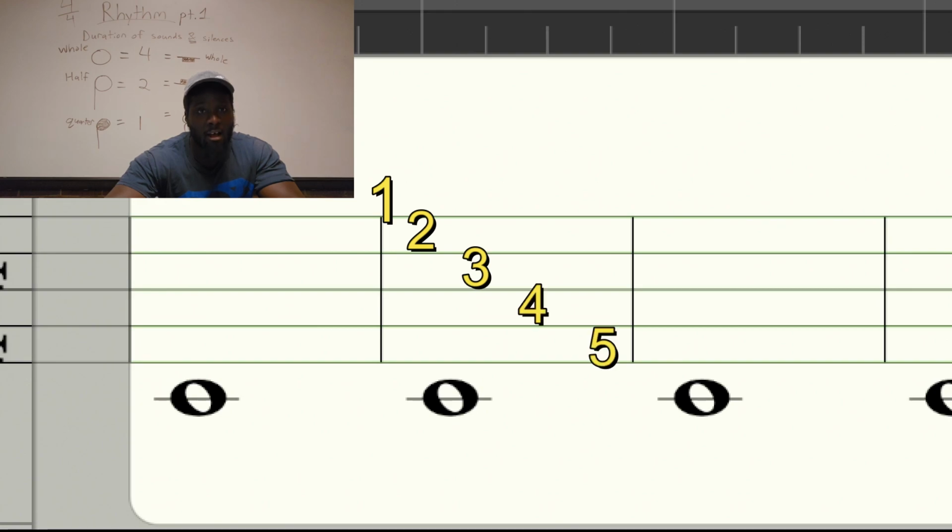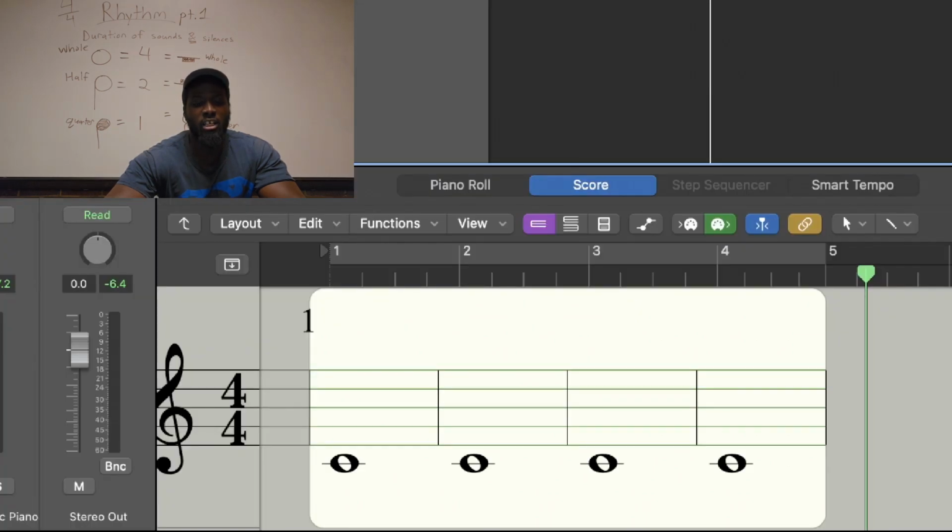It has 5 lines, and it has 4 spaces, 1, 2, 3, 4. So all you pretty much need to do is understand that within each measure, there's 4 beats. And that's the reason why, as I was playing it, I created a perfect whole note.